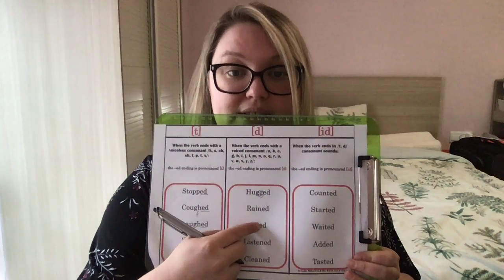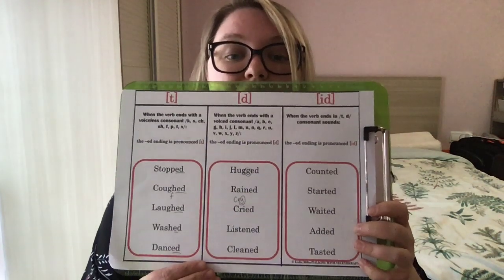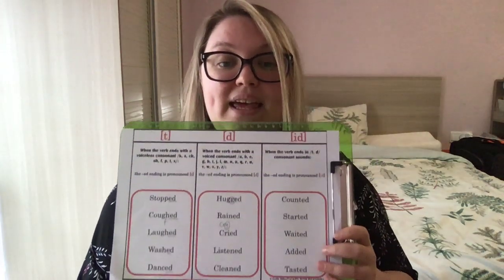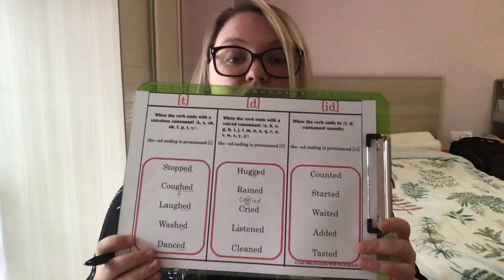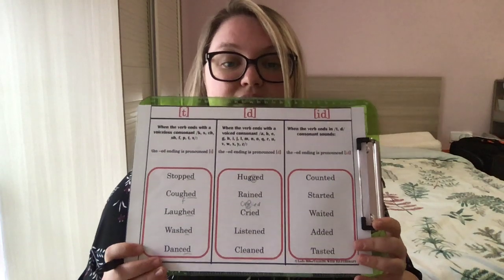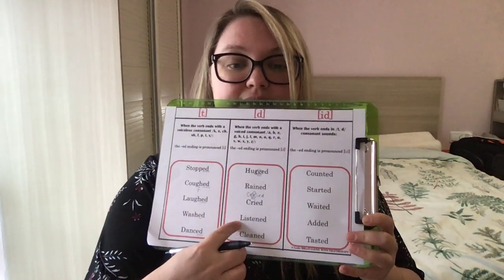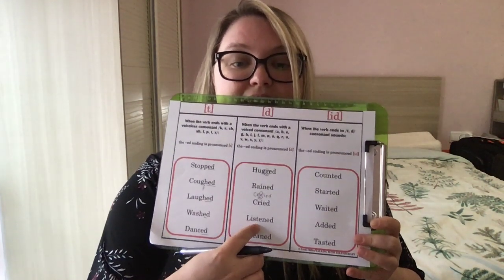So it's cried, right? And you will learn in the video that when you have a Y and you make it past tense, you take the Y off and add I-E-D. So that's how we get cried. Okay. Next, listened.